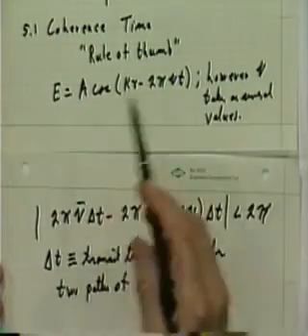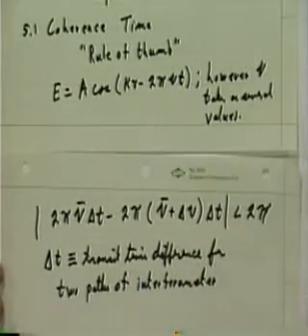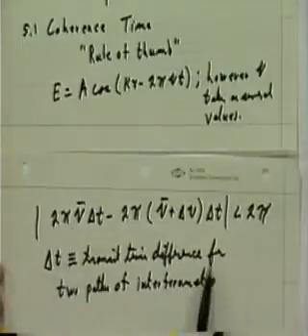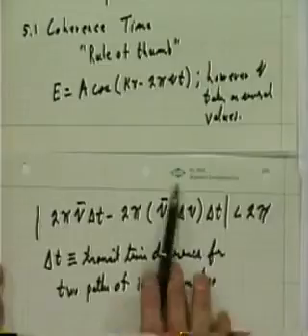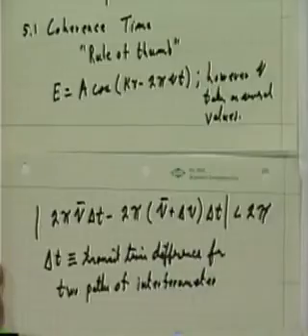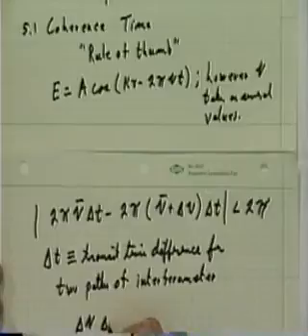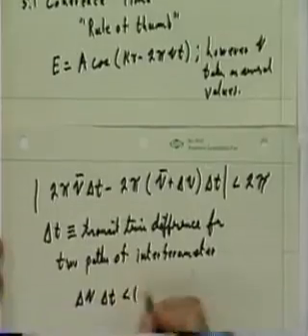As I said, this is just a rule of thumb we're going through, not real exact. So we say that we want the transit time difference for the two paths of the interferometer to be small enough that this quantity here is less than 2 pi. And so that says that delta nu times delta t is less than 1.